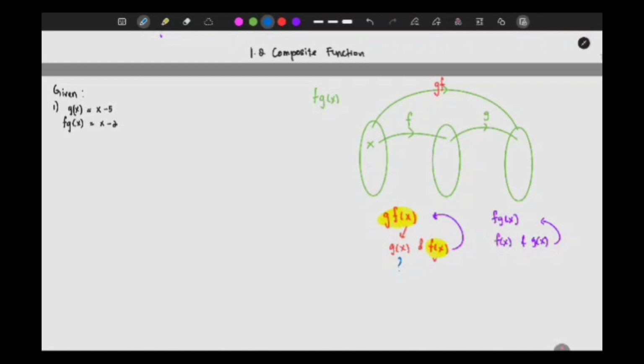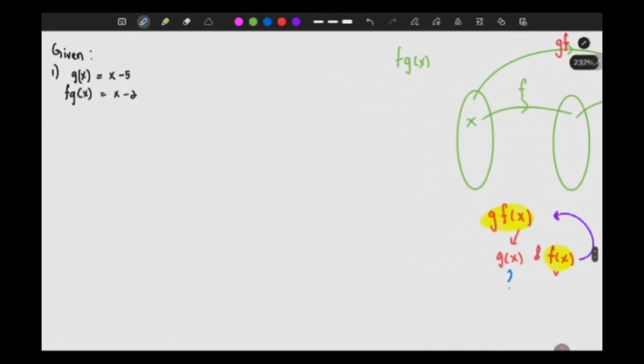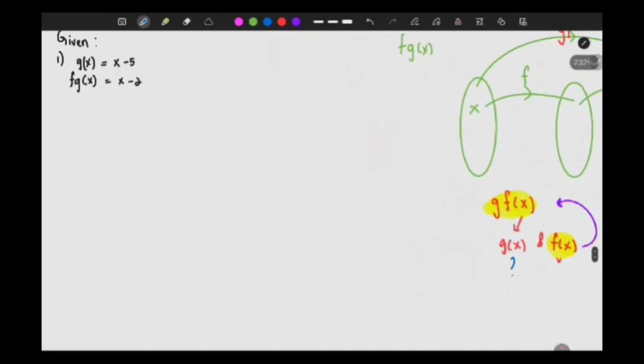So let's go to the example here. Here it's given my GX and my FGX. So I should find out about that. I forgot to write the question, my bad.